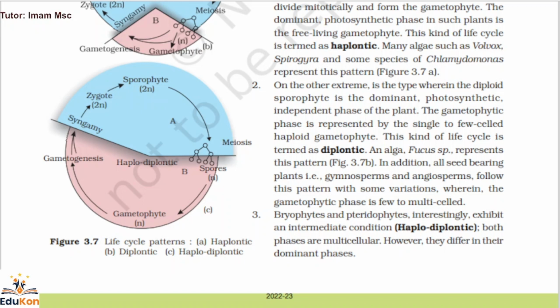Where can it be seen? In gymnosperms and angiosperms, all seed bearing plants. So the diploid phase is dominant, plus the gametophyte is a single to few celled haploid gametophyte. Number 3, it is exhibited by all seed bearing plants, that is gymnosperms and angiosperms.